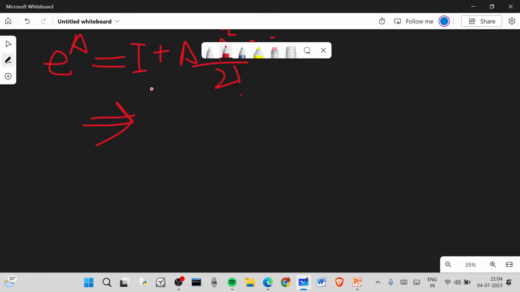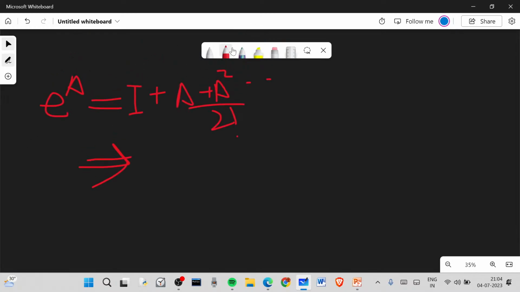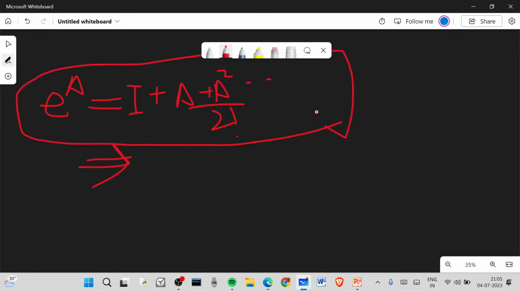Okay, so this is the way of finding e to the power A, it seems. What if I see it as a solution of a differential equation which we know?